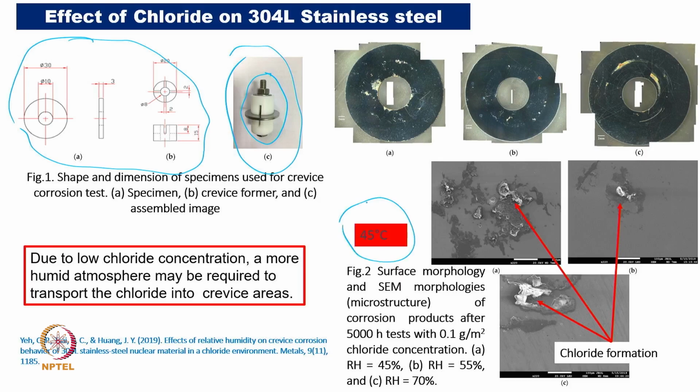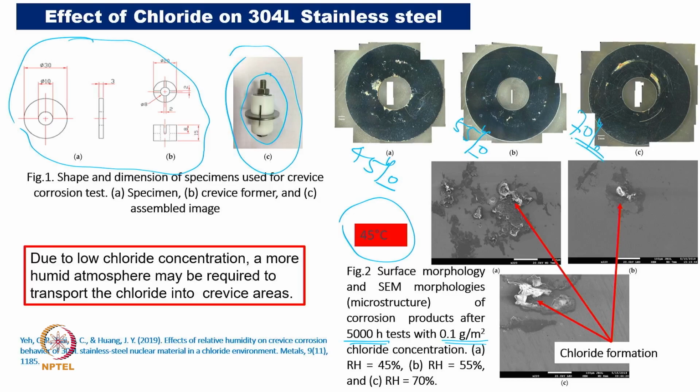They kept a temperature around 45 degrees even in a marine environment. Now, they tested three things. They kept the concentration very low, something like 0.1 gram per meter cube. Then they tested it for around 5000 hours, and you can see this is for 45% humidity, this is for 55% humidity, and this is 70% humidity.